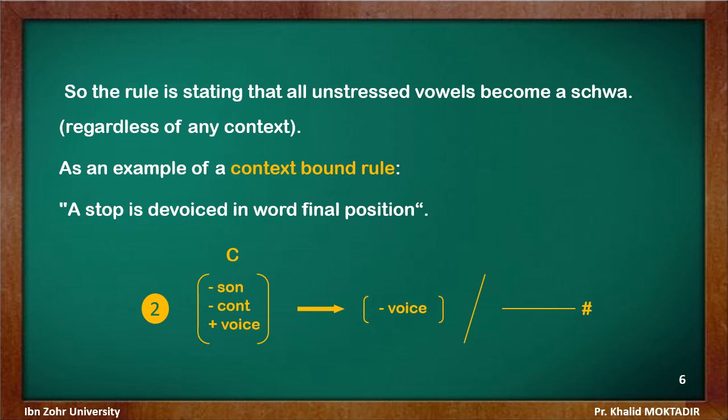On the right side of the slash is the context, which, if you go back to your rule notations, means word final position. So this rule is saying a stop is devoiced, or becomes voiceless, in word final position.